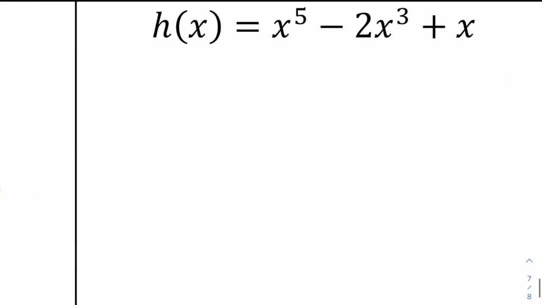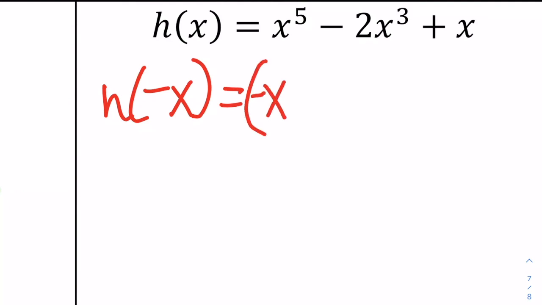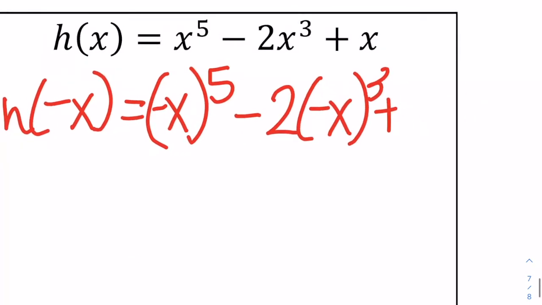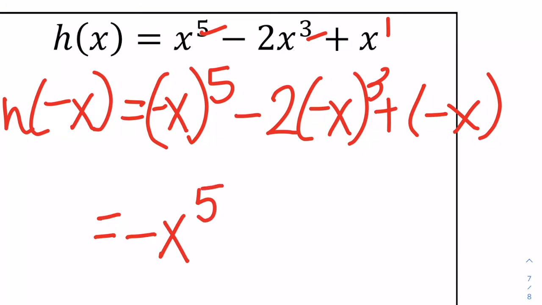Now let's look at the next one. So this will be negative x to the 5th minus 2 times negative x cubed plus negative x. Well, all of these powers are odd. So this will become negative. This becomes positive, and this will be negative.